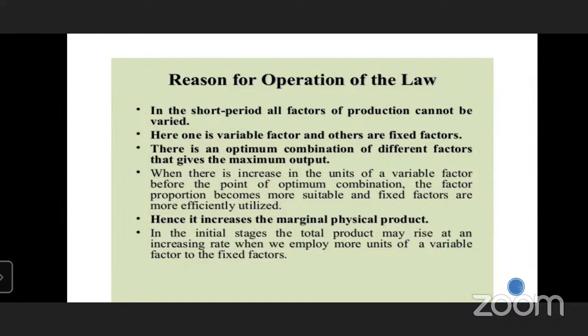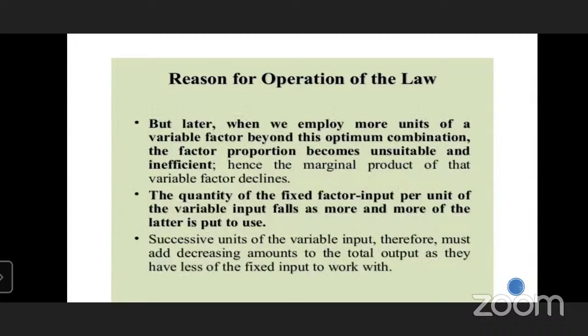Second, indivisibility of the items will be there. For example, starting with only a few tables and chairs, one person can sit in one. Then one more person can come and sit in the same. It's okay. But when more and more people increase, we can't increase the physical inputs. Remember, this is the short term. So we can't change the plant size. Due to these two reasons, there will be variable proportion.